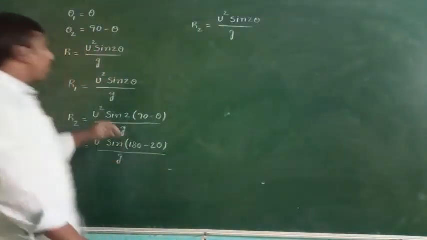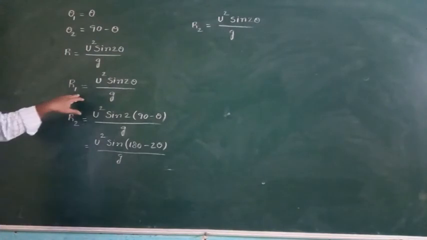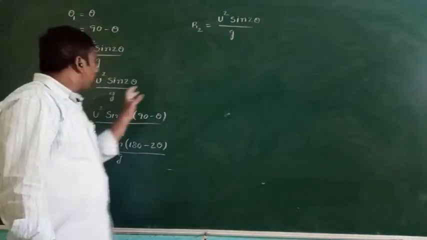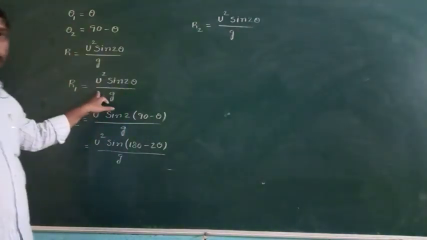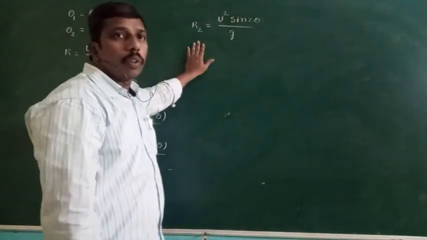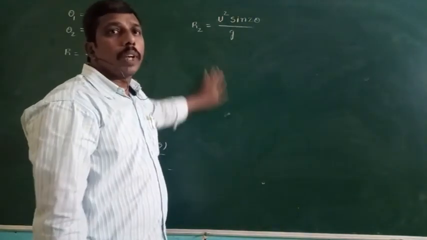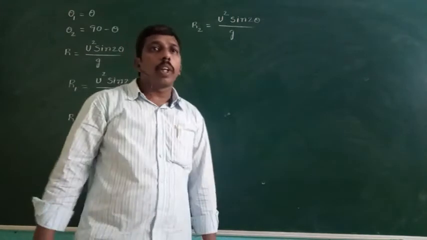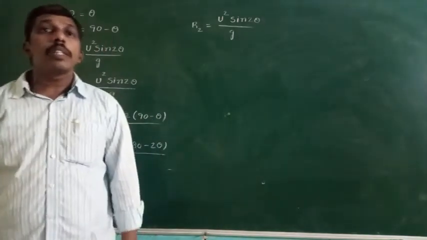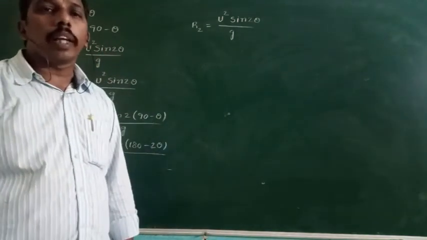From these two equations, R1 is equal to u square sin 2 theta by g, and R2 is also equal to u square sin 2 theta by g. So we can conclude that range is the same for complementary angles.